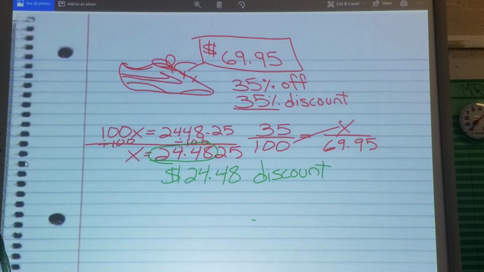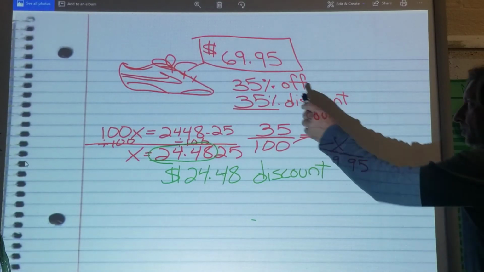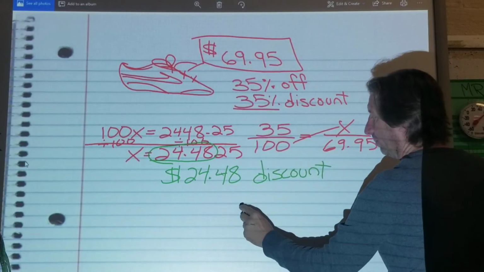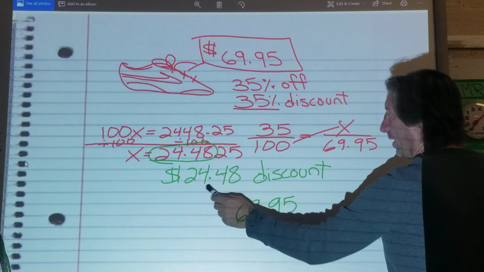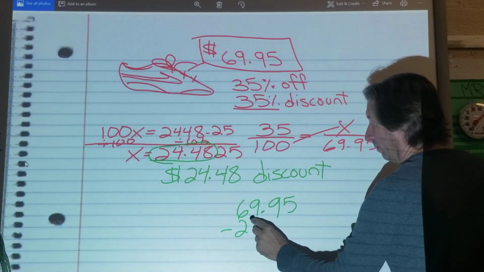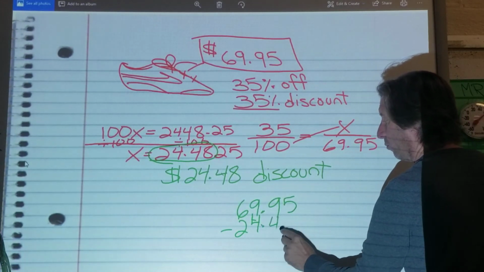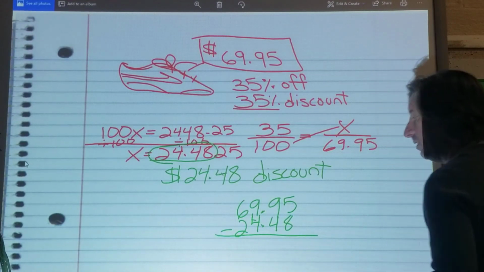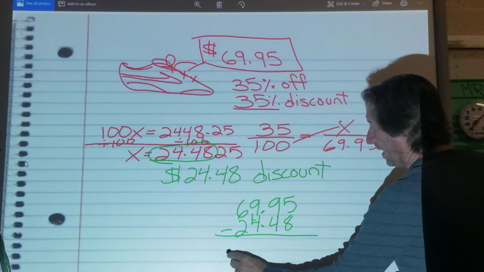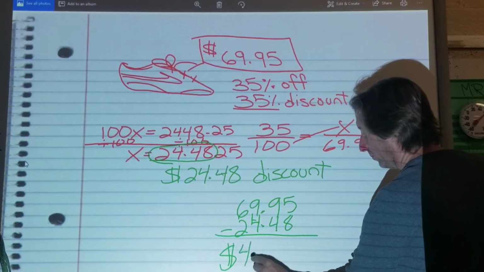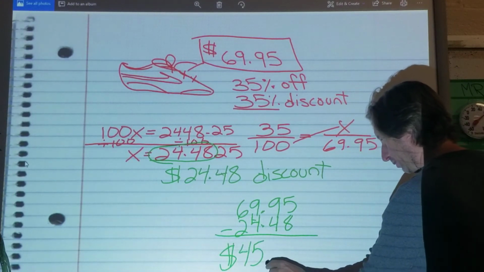But we still don't know the cost of the shoes. So what we do to find the cost of the shoes is you take your original price, $69.95, you subtract the money you're going to save, minus $24.48, and you get your answer. So the shoes now cost $45.47.